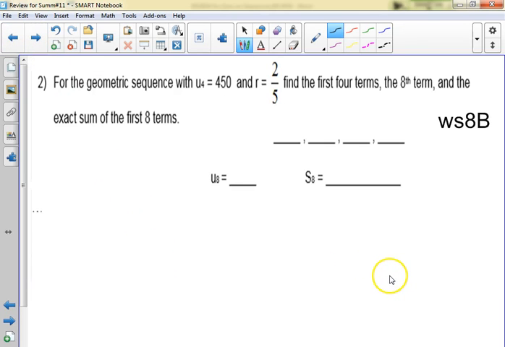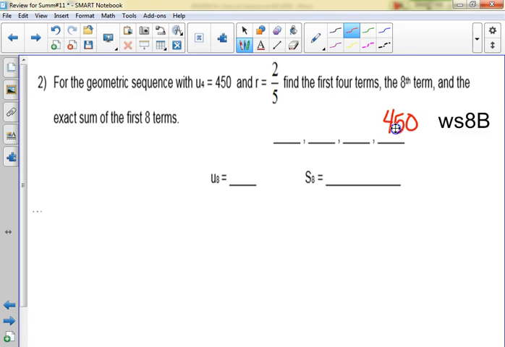8b, ready? Find for the geometric sequence where the 4th term is 450, and r is 2/5. Find the first 4 terms, the 8th term, and the sum of the first 8 terms. Well, fine. Okay.